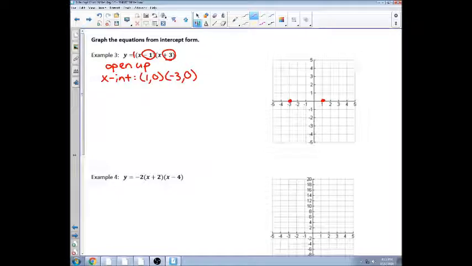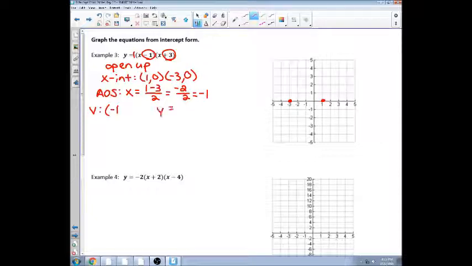Next step is to find my axis of symmetry. X would equal 1 minus 3 over 2, or 1 plus -3, however you want to look at that. That would be -2 over 2, which would be -1. Now I need to find my y value. Remember that my vertex, I can start writing that at this point.